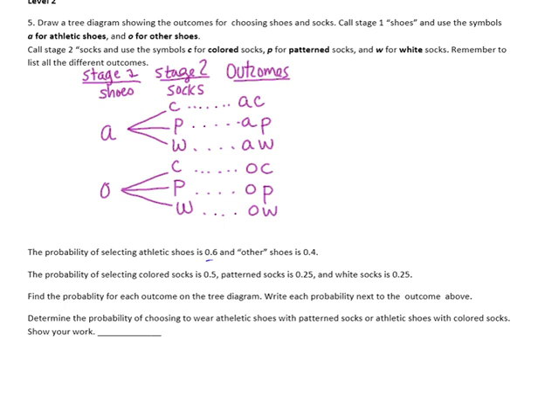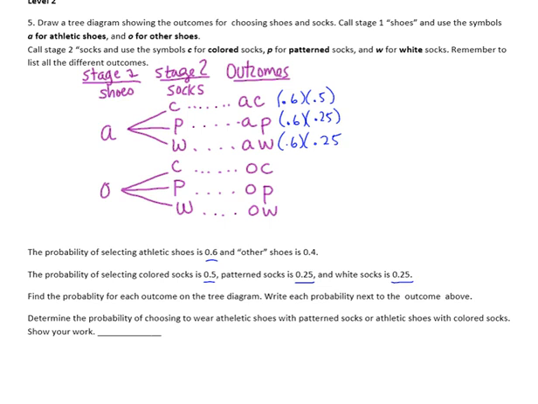Okay, athletic is 0.6, so for this first outcome, we'll have 0.6, and colored socks is 0.5. Then we have athletic again, and patterned socks is 0.25, and athletic again, and white socks is also 0.25.